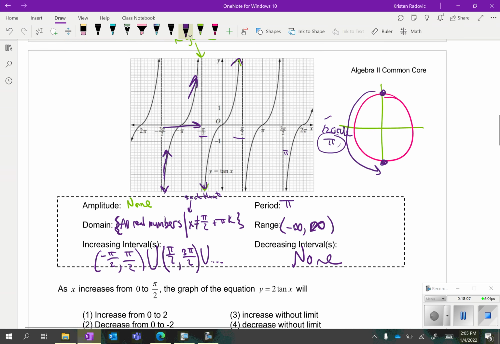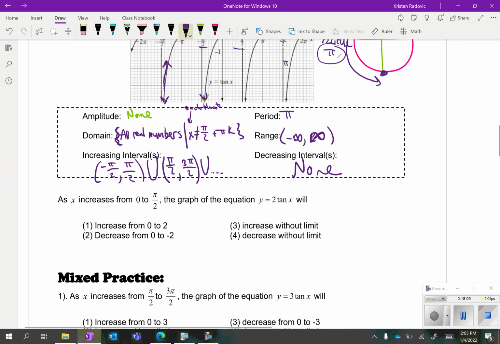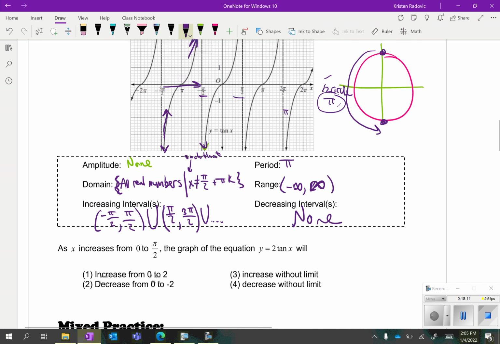So a typical regents question that you're going to see about this is, from 0 to pi over 2, the graph of the equation y equals 2 tan x will what? Now, you should know the graph of tangent will never decrease unless you have y equals negative tangent x, in which case that graph will decrease because it's a reflection.